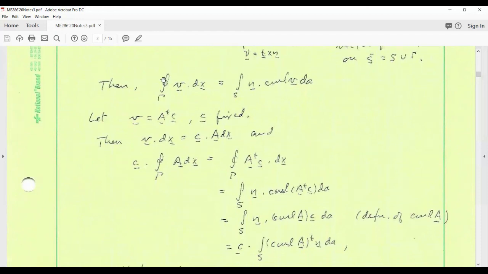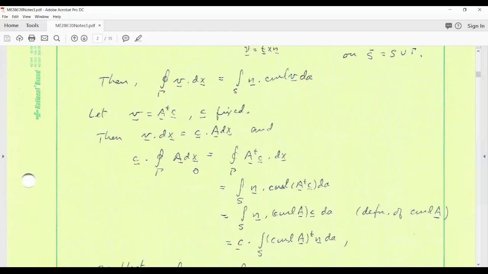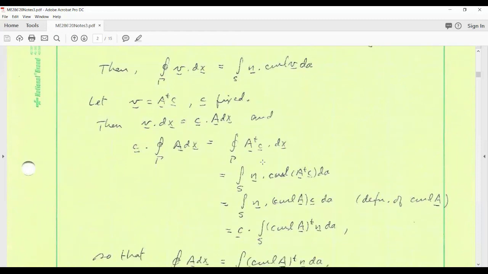And so on this left-hand side, because c is fixed, I can extract it from the integral, and I have this path integral of A operating on dx. Alternatively, I can use the fact that c dot A dx is the same as A transpose c dot dx, bring c inside the integral. c is fixed, so I can do that.